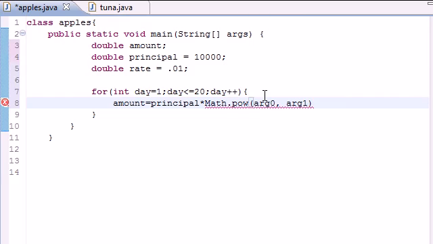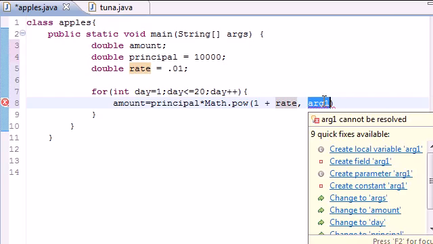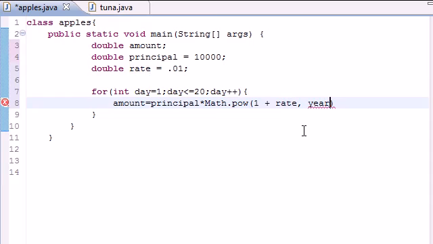Let's add those arguments right here. The first thing, what's in the parentheses, is 1 plus rate. And what do you want to give the exponent? Year, or let's see what it was, day actually. So now we have amount equals principal, which is 10,000, times 1 plus 0.01 to the day, and that day is going to loop.